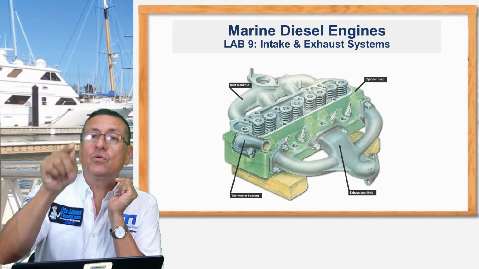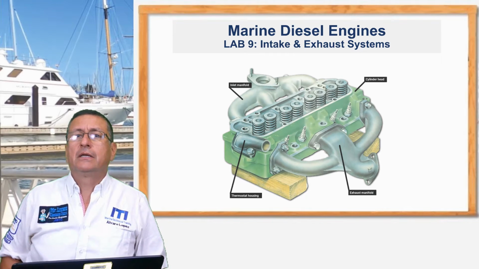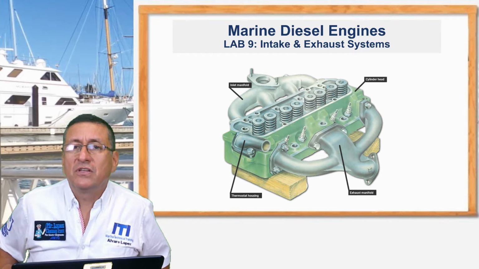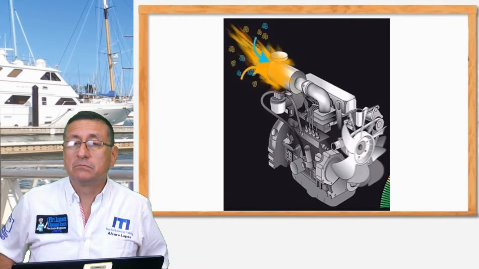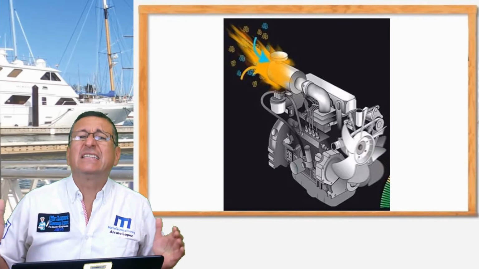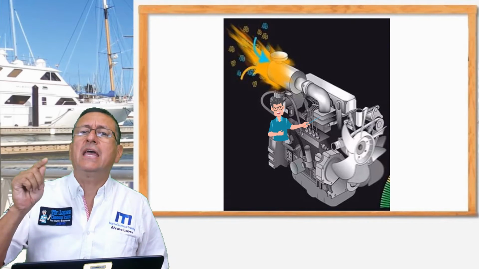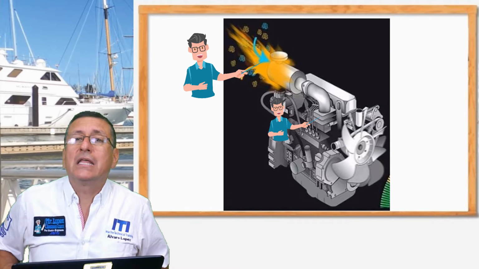I need that you analyze with your instructor or by yourself, if it's possible, two different types of diesel engines. One diesel engine naturally aspirated, and verify how is the intake manifold and how the air enters in that naturally aspirated intake manifold.